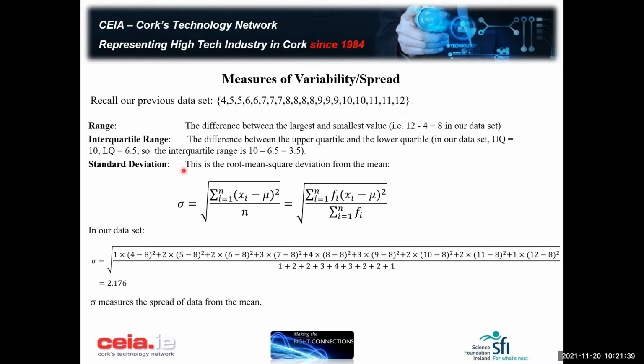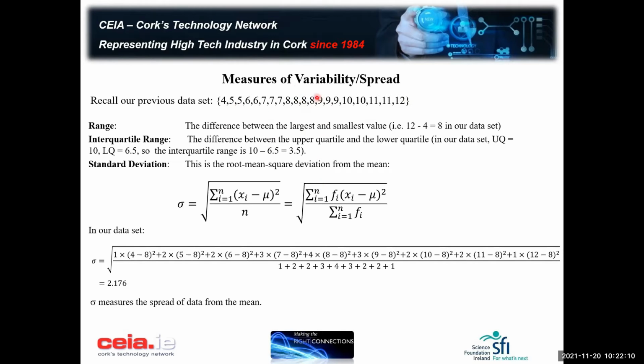But most importantly, and the one we'll be talking about exclusively, is the standard deviation. If you want to remember how to calculate it, remember that it's the root mean square deviation from the mean. That is to say, you have a mean value and you want to measure or characterize how far away on average all of the data points are from that mean value.